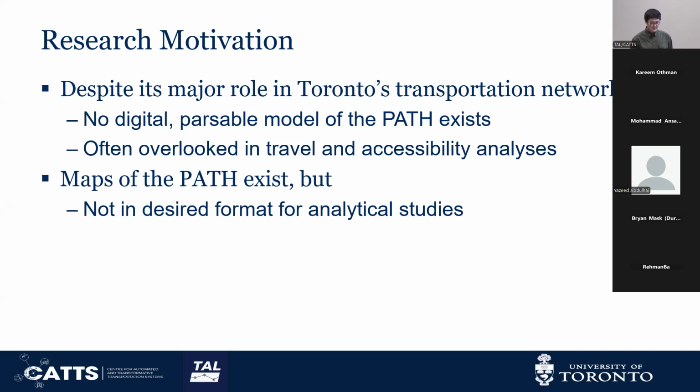Some maps of the path currently exist. For example, the City of Toronto has an official map, but that is in PDF format, so it is static. And there is some proprietary software that maps out shops and restaurants at various sections of the path, but that is not in the desired format for analytical studies.